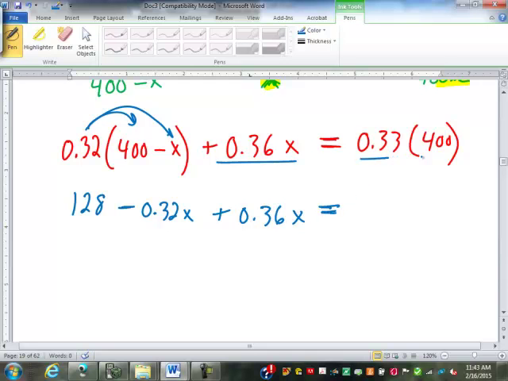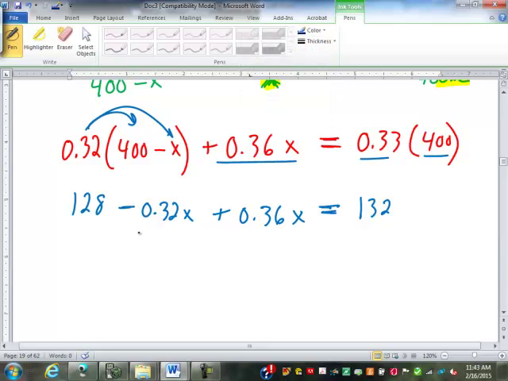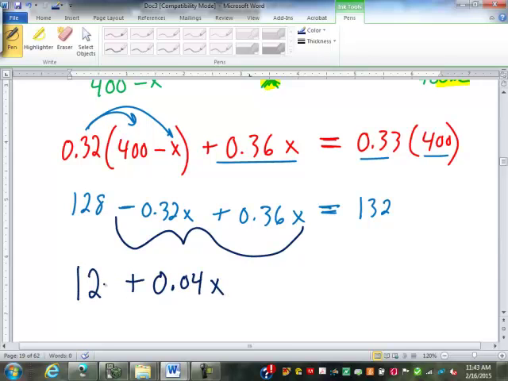And over here, 0.33 times 400 is 132. Now we can go about combining whatever we can in this equation. We have a negative 0.32 and a positive 0.36, which is a positive 0.04x. So we still have the 128, and that still equals 132.